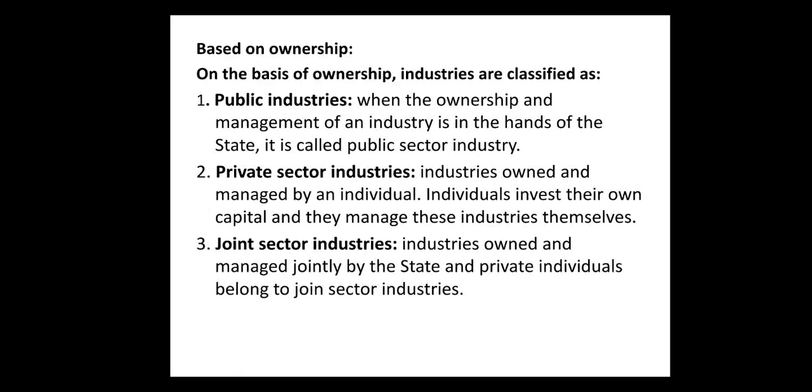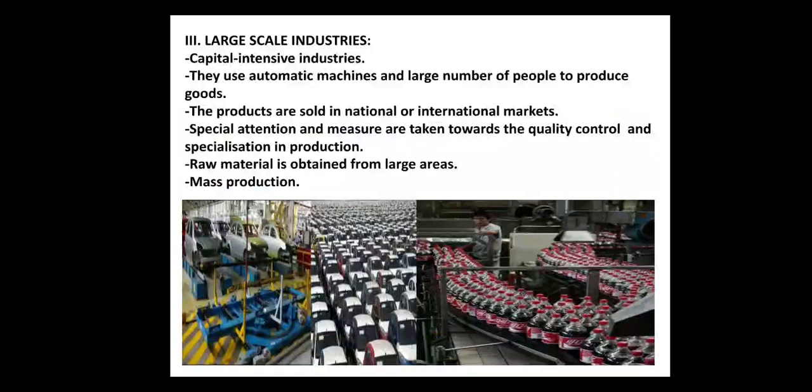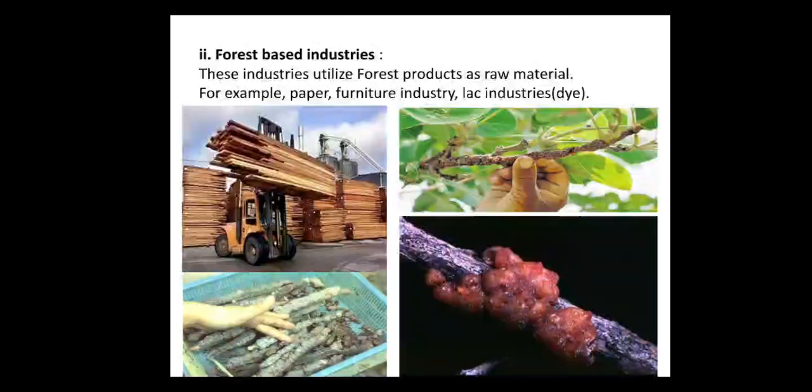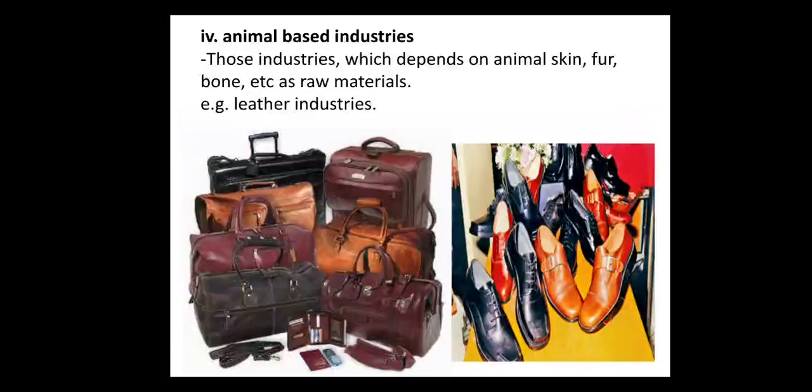So the industries in the world are classified on different bases. The first one is based on size. Industries are classified into three: cottage industry, small scale, large scale. Based on input or raw material use, industry is classified into four: agro-based, forest-based, mineral-based, and animal-based.